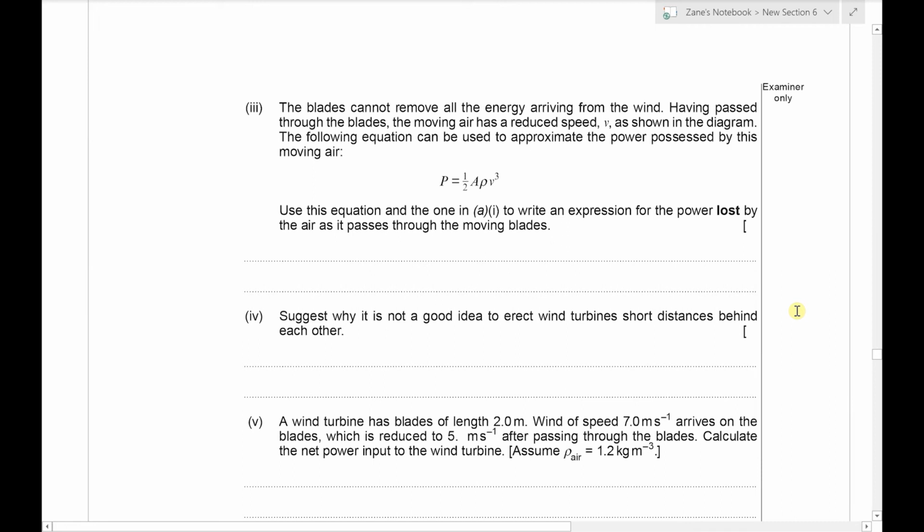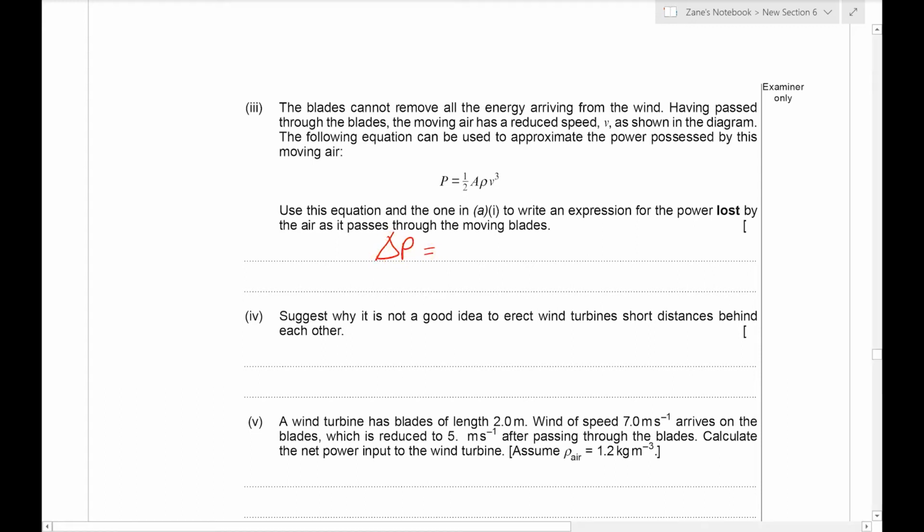The question continues by pointing out that we can't remove all of the energy arriving from the wind, because the wind will still be moving when it leaves the wind turbine. And it gives us an expression for the power possessed by the moving air once it's left the turbine of P equals 1/2 A rho v cubed. So using that one and the one that we derived earlier, we've got to write an equation for the power lost by the air as it passes through the turbine.